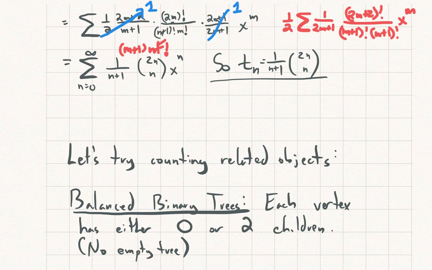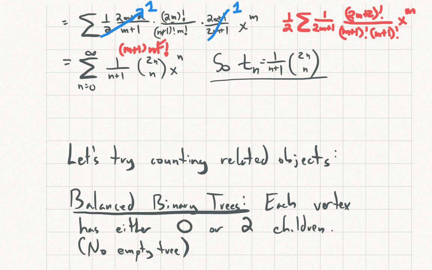That's changing it back to n's instead of m's here. That's 2n choose n. And I have this m+1 term left over that I'm just going to write here as n+1, just because I'm changing the name of the variable back to n. So we've simplified this into a really nice formula.